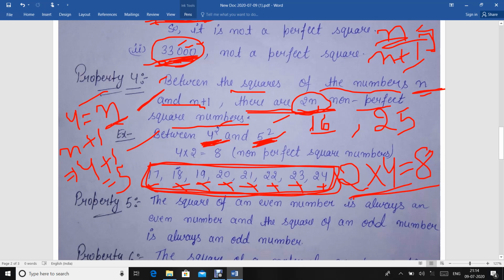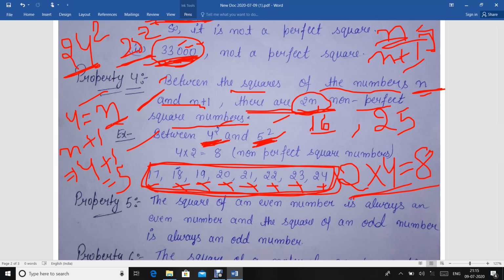Suppose you have to write the non-perfect square numbers between 24 square and 25 square. So how will you get them?